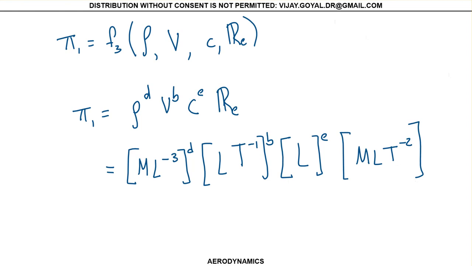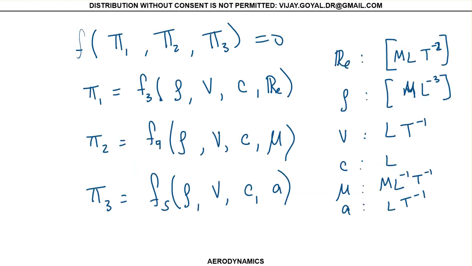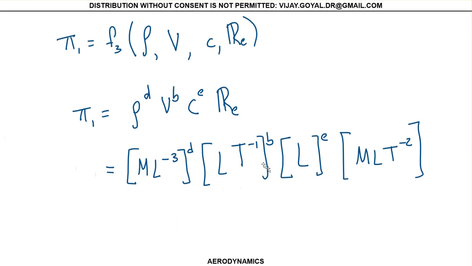This comes from the earlier analysis, and all we are doing is replacing everything inside this equation. The whole idea is to make sure my right-hand side is completely and fully dimensionless, so it doesn't have any dimensions.